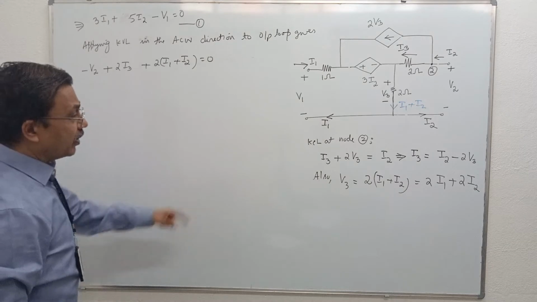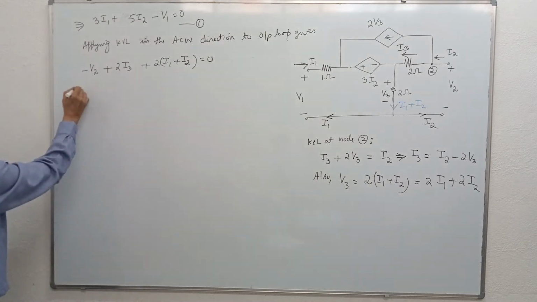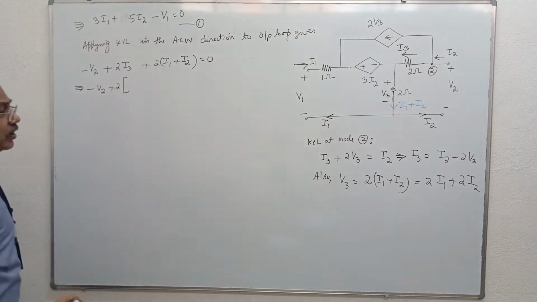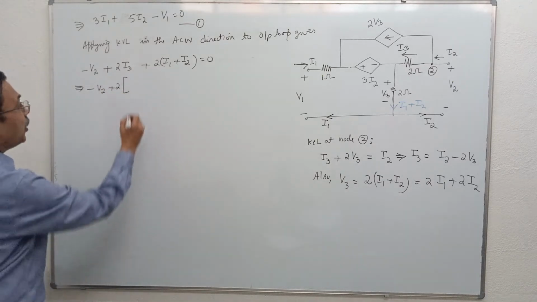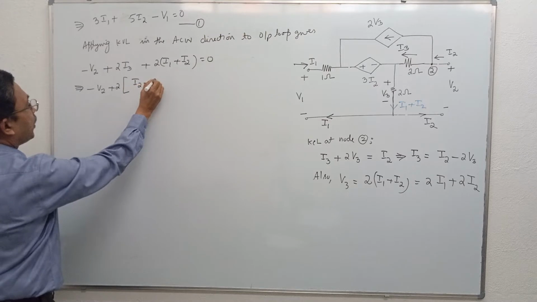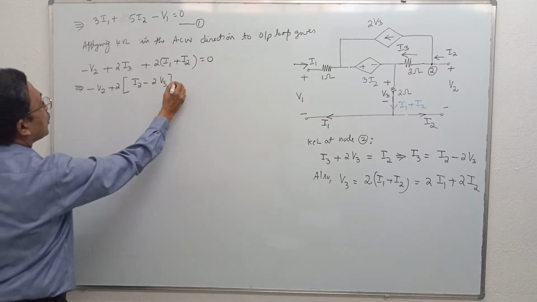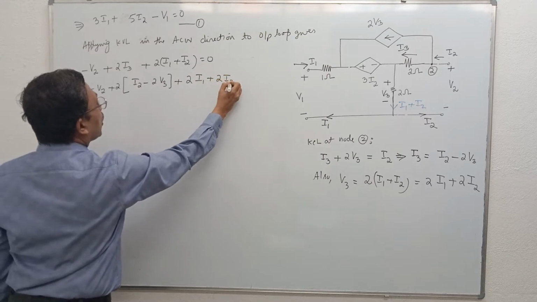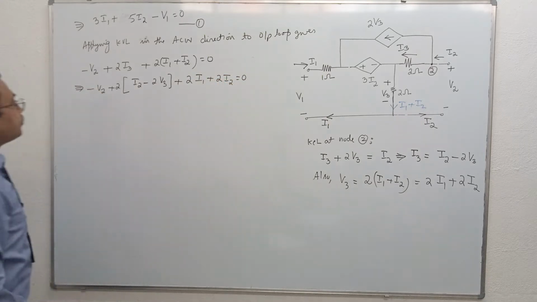Substitute, what is I3? This implies minus V2 plus 2 times I3. I3 is I2 minus 2 times V3, plus 2I1 plus 2I2 equal to 0.